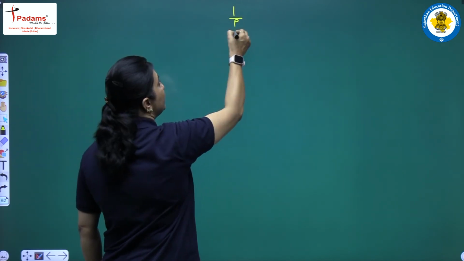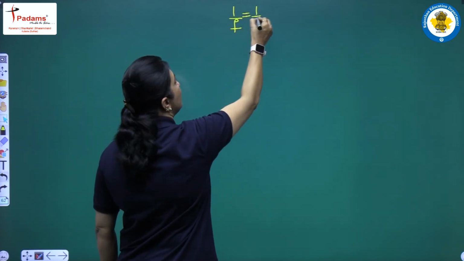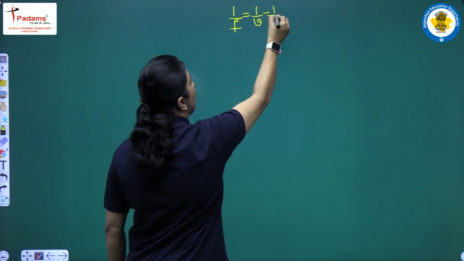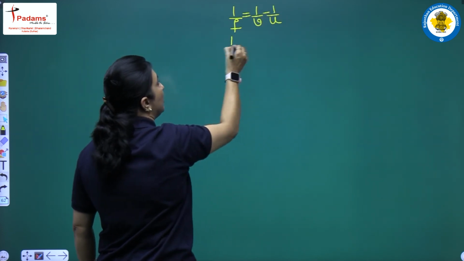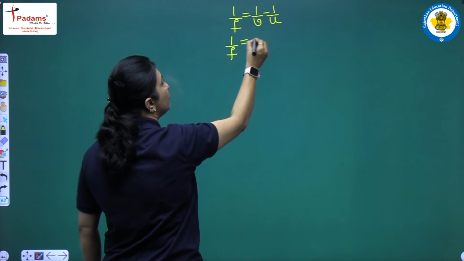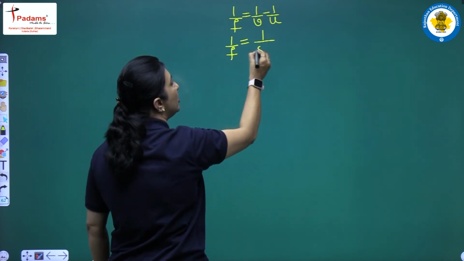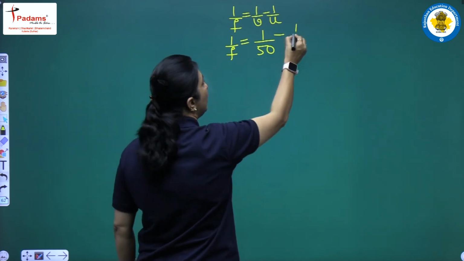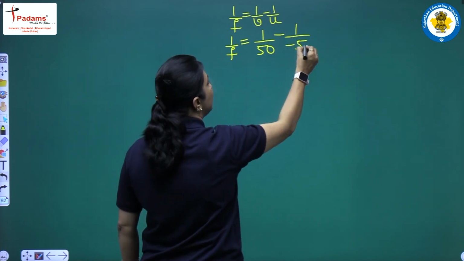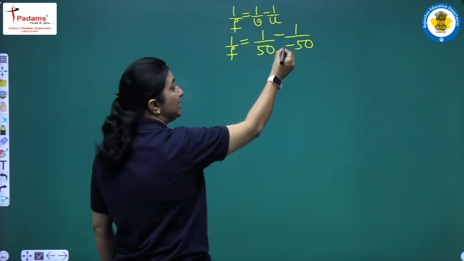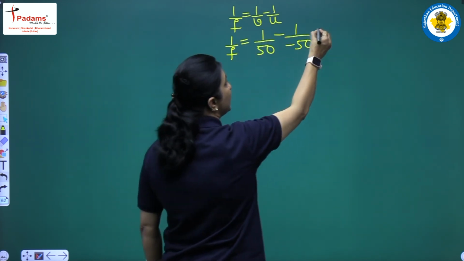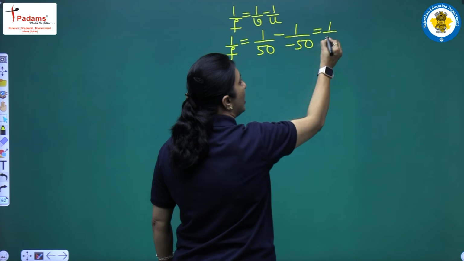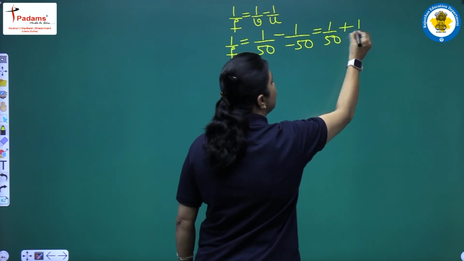So using the lens formula, 1 upon F is equal to 1 upon V minus 1 upon U. And substituting the values with proper sign convention, V was 50 centimeters, this negative sign is by the formula, and the value of U is minus 50. This negative sign will go with this negative sign, so we will have 1 upon 50 plus 1 upon 50.